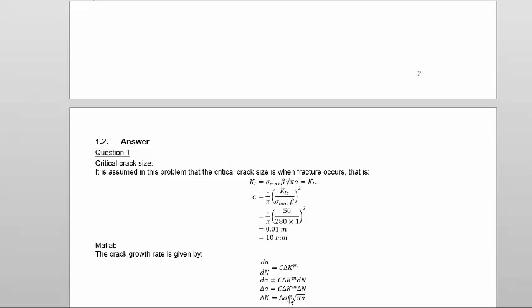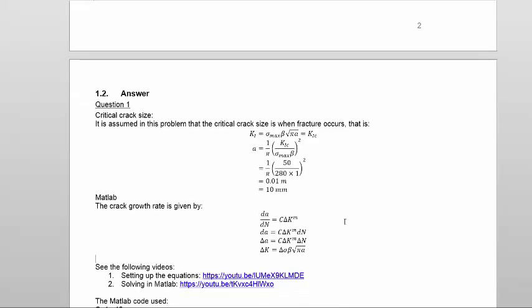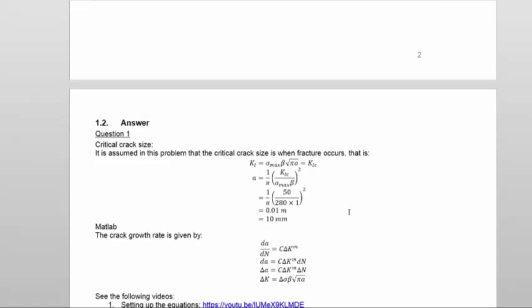That means beta square root pi A doesn't change for every block. That's just to simplify the calculations.